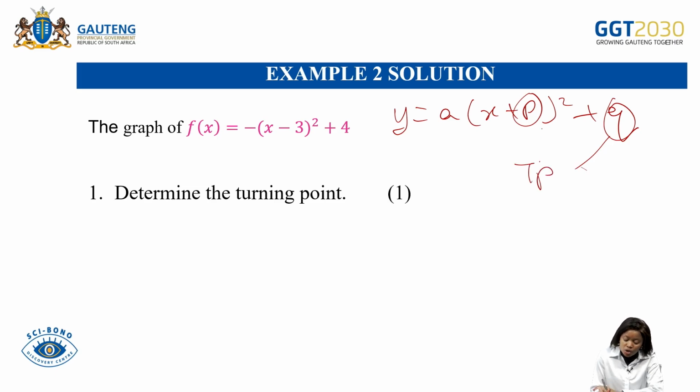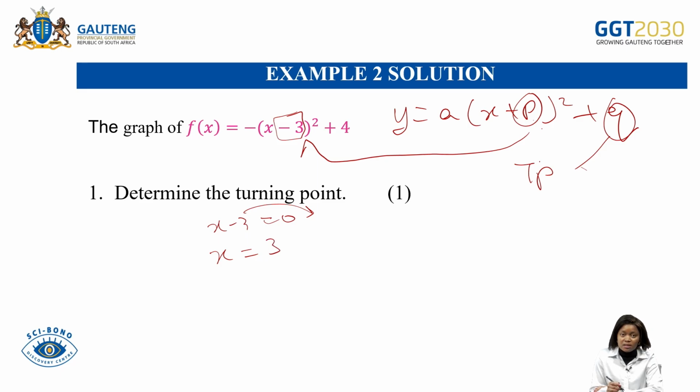So in this case, your p is the same as this -3, right? But you don't just say your p is equals to -3. The sign needs to change. So if you have x minus 3 and you are solving for x, x minus 3 is equals to 0, you'll take the minus 3 to the other side, and your x is equals to +3, right?